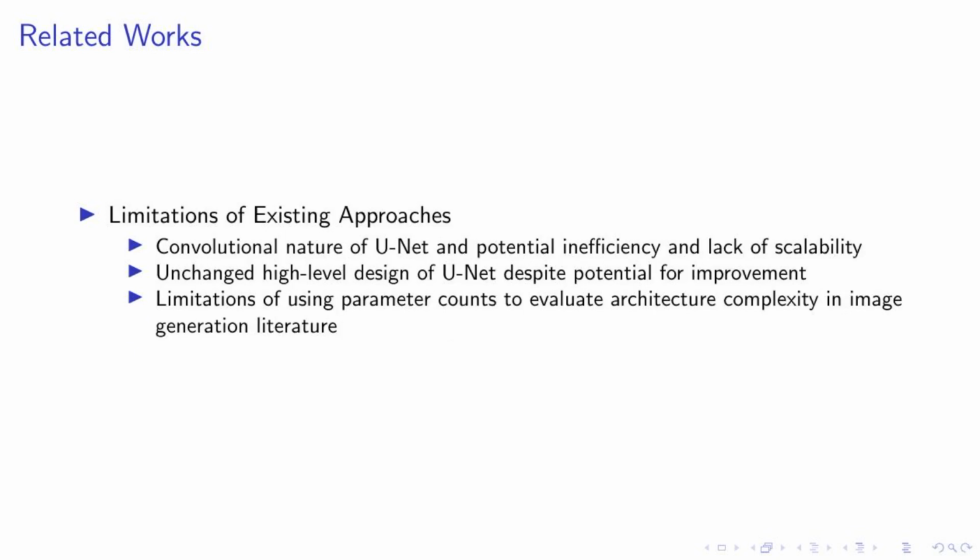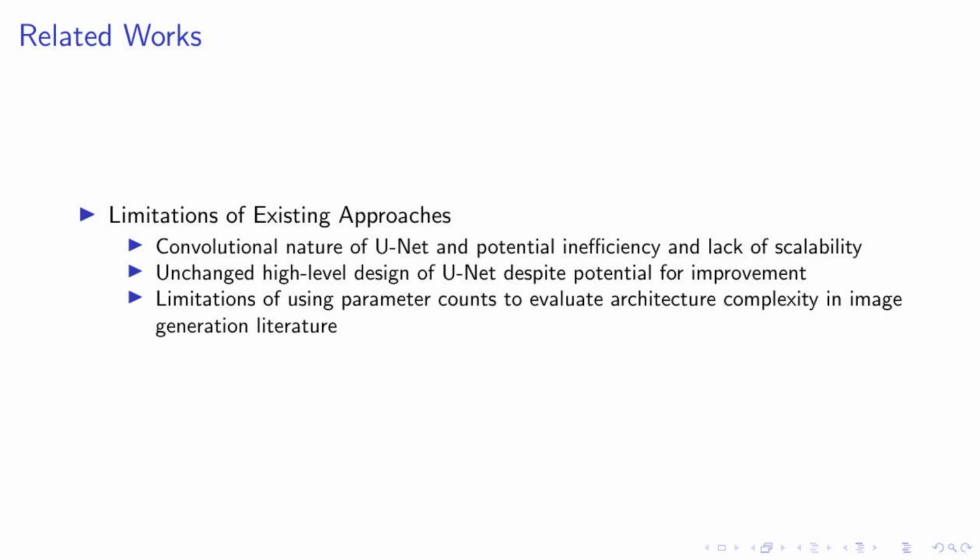In our review of related works, we've identified some limitations in existing approaches. Firstly, the convolutional nature of UNet, which has been the backbone of diffusion models, may lead to inefficiency and lack of scalability. Despite the potential for improvement, the high-level design of UNet has largely remained unchanged.